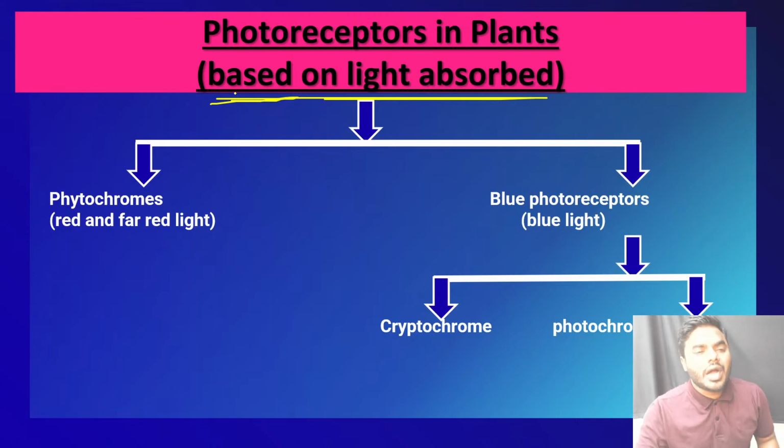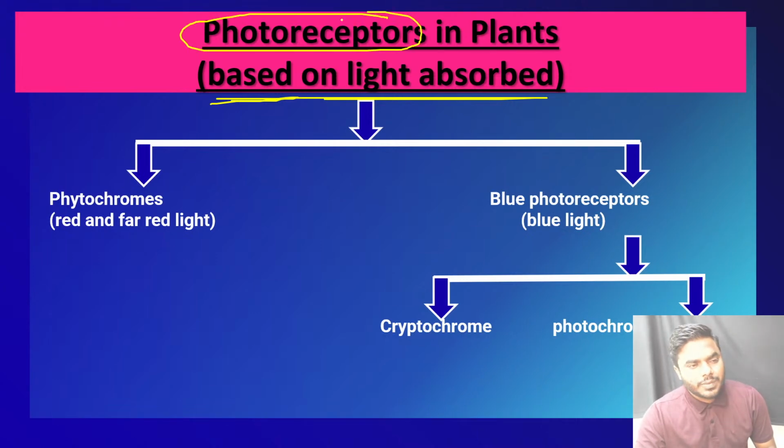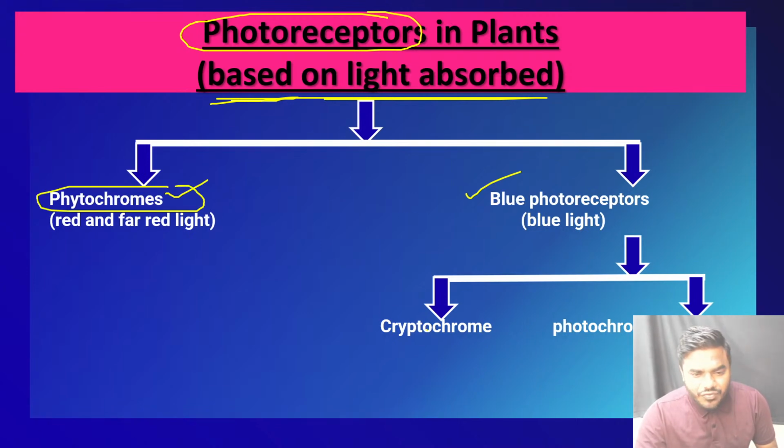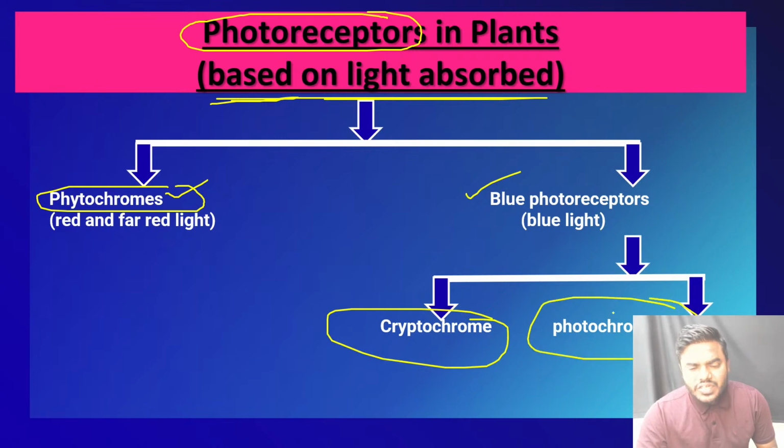Based on the light absorbed, we categorize the photoreceptors into phytochromes, then followed by blue photoreceptors. I want you to remember all three pigments. The entire lesson of sensory photobiology is exclusively about these three pigments: structure, functions, and most important, the experiments. We have to read only these three.